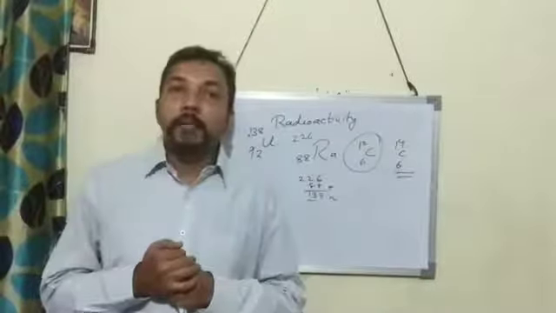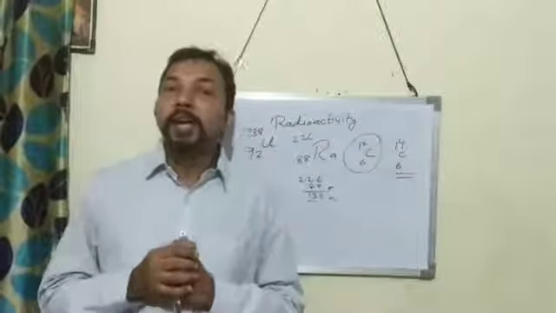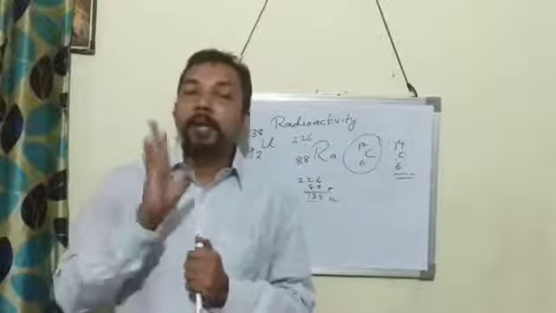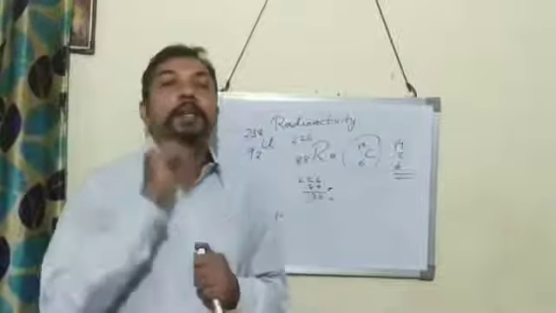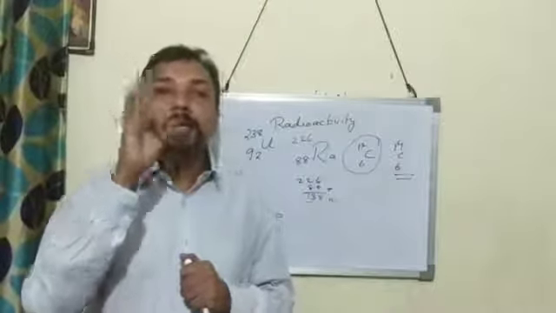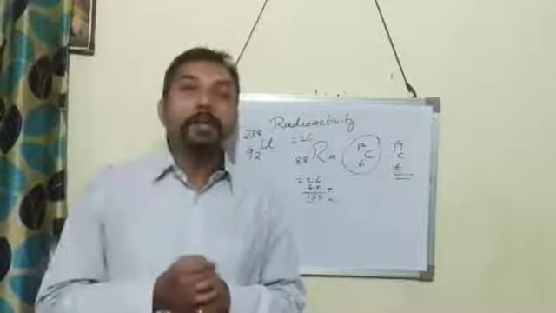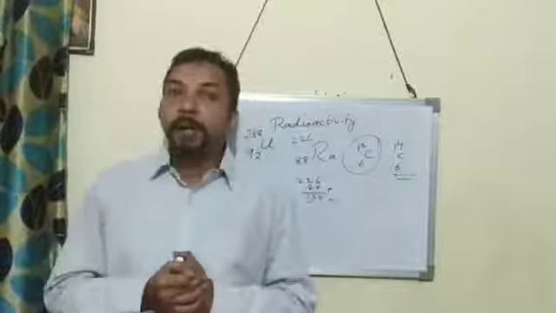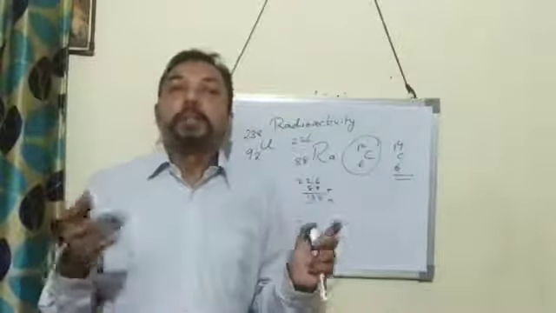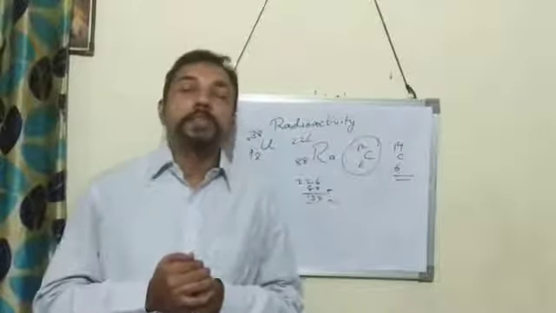Physical and chemical change cannot alter radioactivity. During radioactivity, three types of radiations are emitted: alpha, beta and gamma radiation. Now we will see the properties of these alpha, beta and gamma radiations.